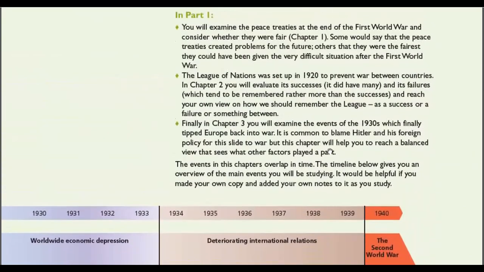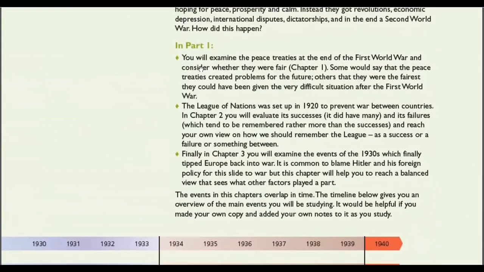Now in part 1, you will examine the peace treaties at the end of the First World War and consider whether they were fair. In chapter 1, we will see if that was fair or not. Some would say that the peace treaties created problems for the future.